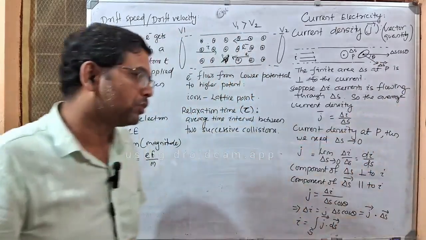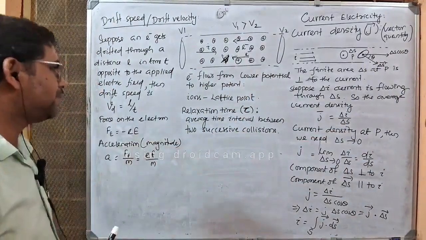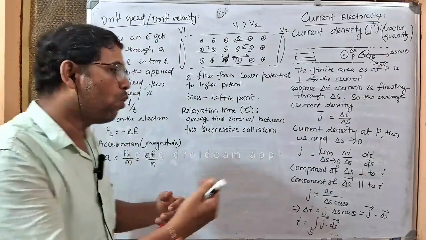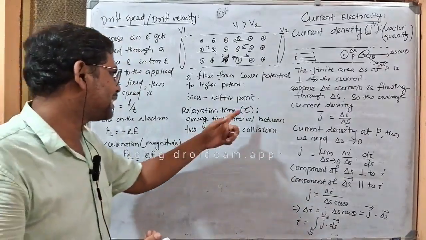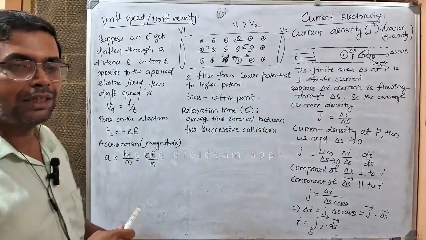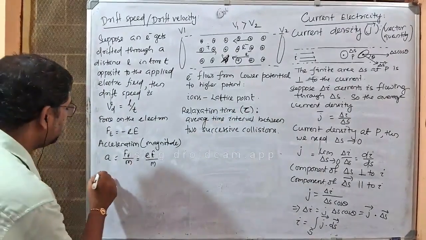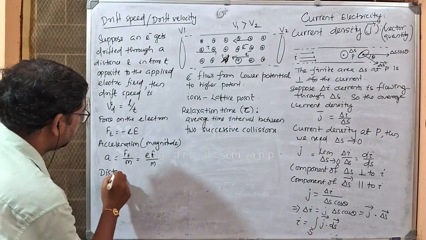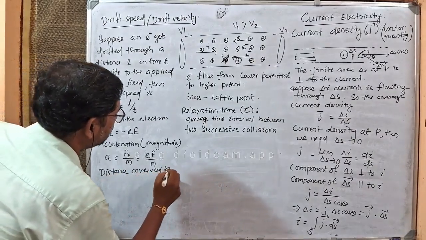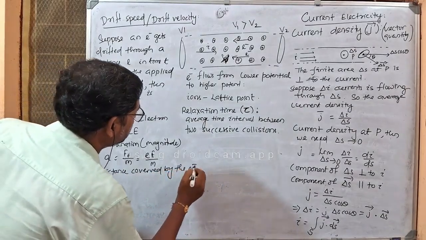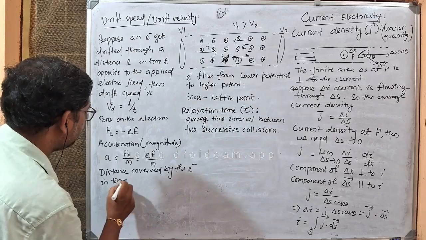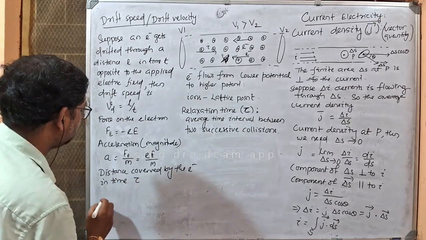So you know the acceleration, you know the time. So how far will the electron go in this time by this acceleration? The distance covered by the electron in time tau.